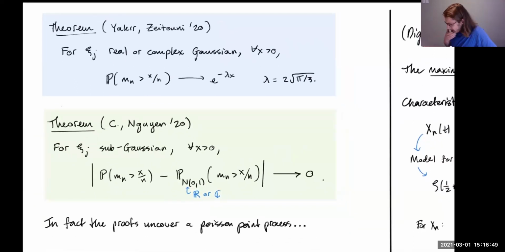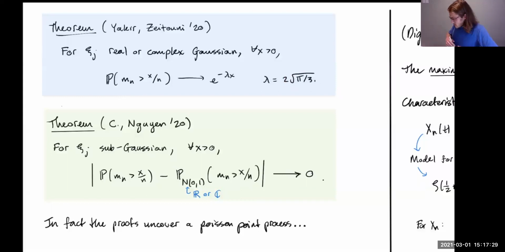And then I had this question also about the minimizers. In the proof, you'll see that the local minimizers tend to be pretty spread out, and the field behaves roughly independently there. The proof shows that the point process of local minima on the real line, the levels of the local minima at scale 1/n, converges to a Poisson point process of intensity square root pi/3, so without the 2.